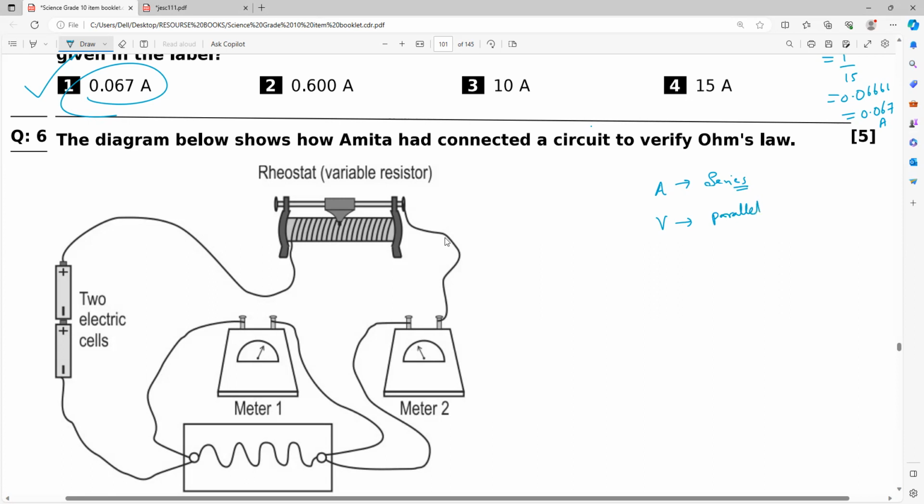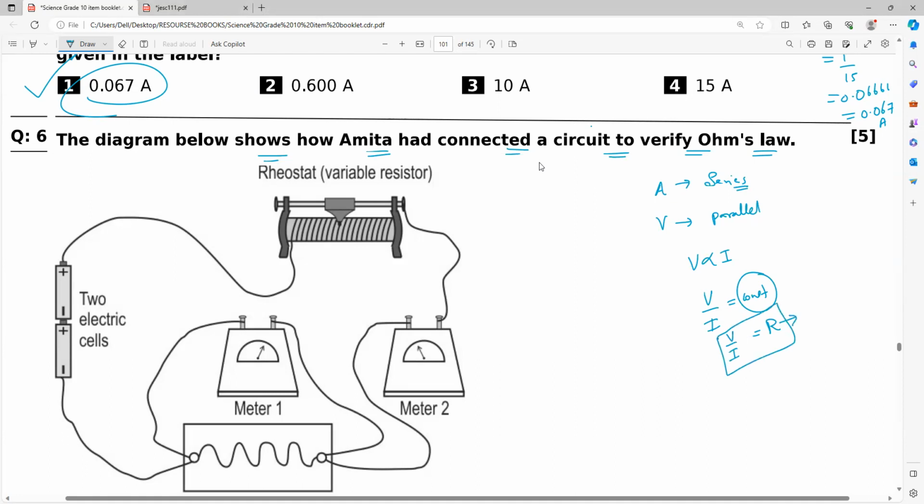Parallel connection. Okay. Now the diagram below shows that Amita had connected a circuit to verify Ohm's law. So what is Ohm's law? V is directly proportional to I, so V by I remains constant. That constant we call what? Resistance.